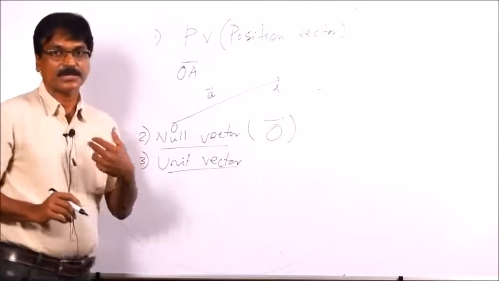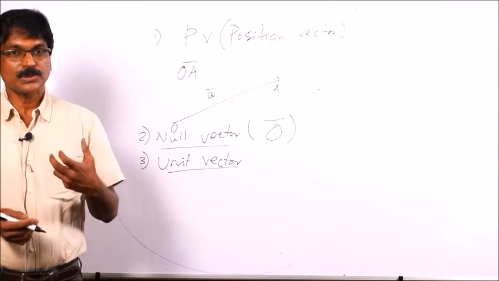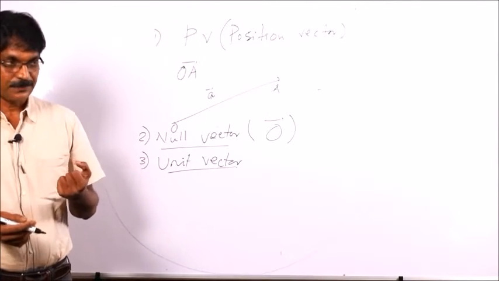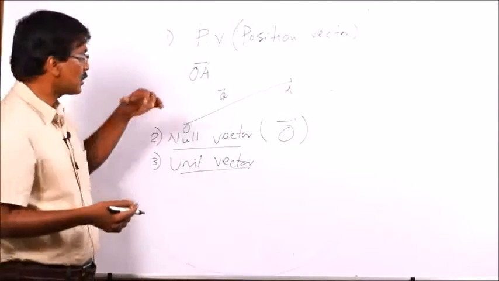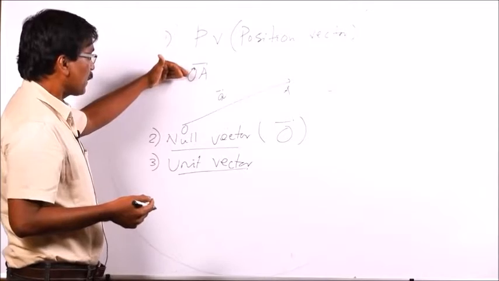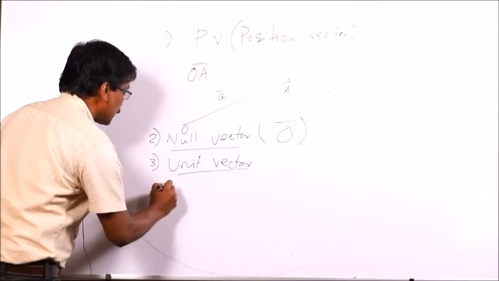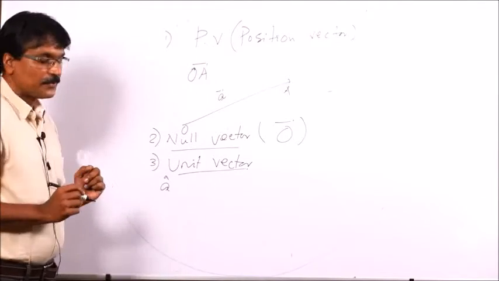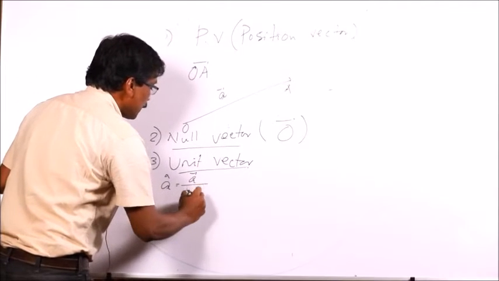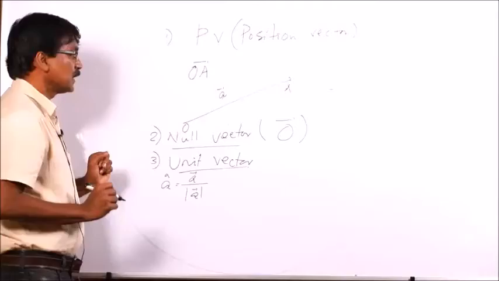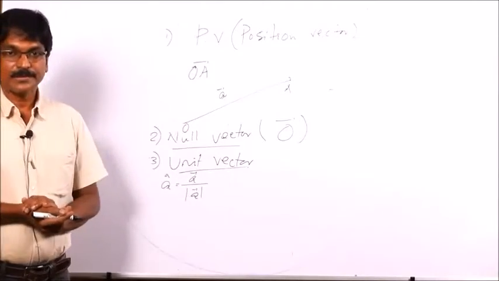A unit vector has magnitude 1, unity, and it has a direction along a vector. Suppose we have a unit vector A cap, it is defined by the A vector divided by the magnitude of the A vector. This is called the unit vector.